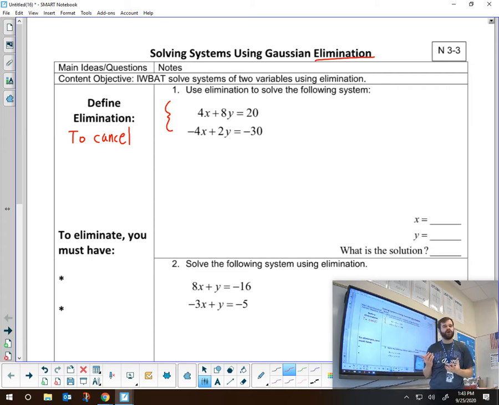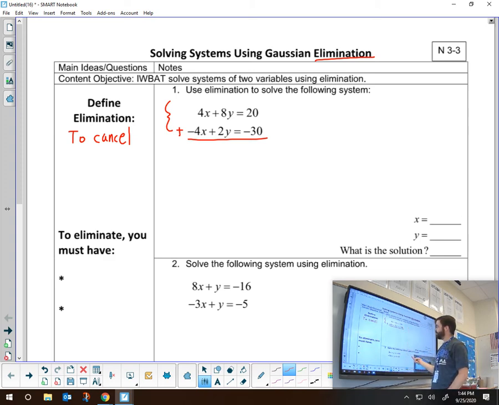And you've been told all of your math career that what you do to one side, you do to the other, and your equation is going to stay equal. If I added these two equations together, it's going to stay true, because I add this side to this one and this side to this one, those are equal, and so my equation is going to stay equal as well.